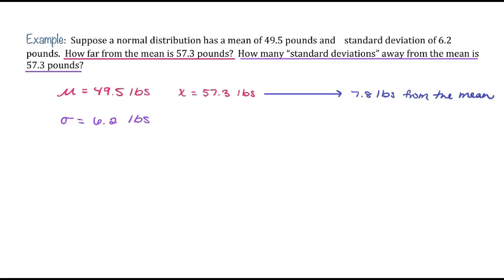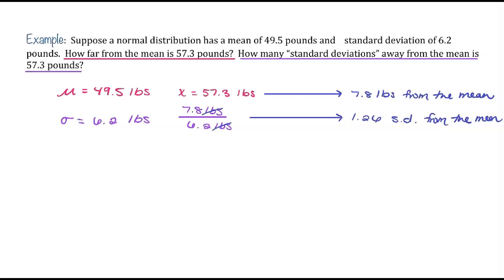We can find out by taking 7.8 pounds and dividing it by the standard deviation, 6.2 pounds. This gives us a value without units of 1.26. We found that the data value of 57.3 pounds is 1.26 standard deviations from the mean.